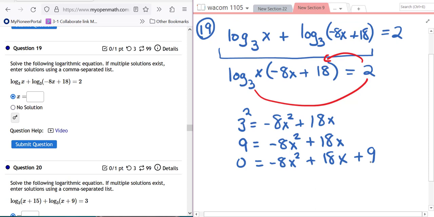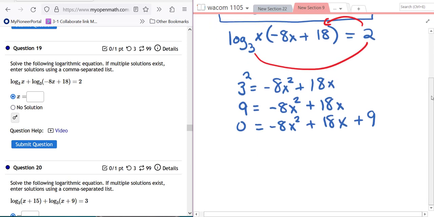And I factored out the -1. I don't like a negative on, so we have a quadratic to solve. So I factored out the -1, and that looks like all I can do. So -1, we're going to take it out. It's going to change all your signs. Now, you can divide by -1. It's still going to give you 0 here.